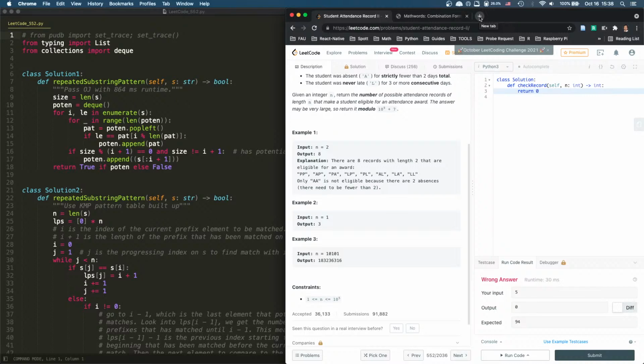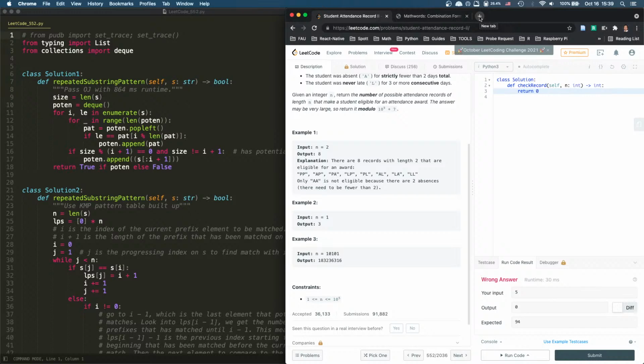No, because if we have 3, first level is P, then we have 8. Then if we go A, that's 4. If we go L, we can go LP, that's 3. LA, that's 2.